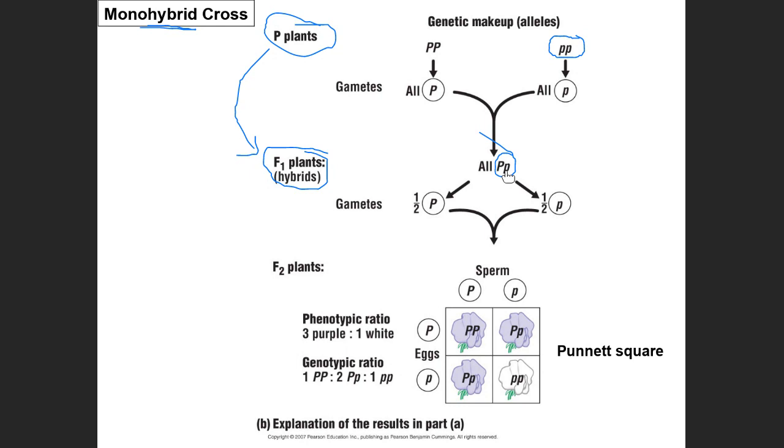This other form of the gene for flower color was recessive. It was covered up by this. So the reason why the F1 generation plants all produce purple flowers was because they were heterozygous dominant. However, that also explained how the trait for white flower color could be hidden.